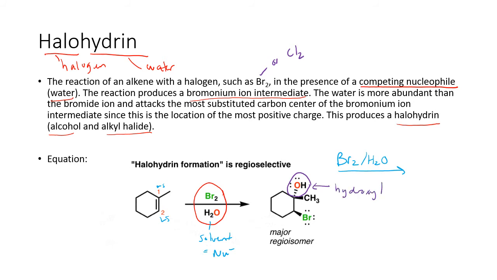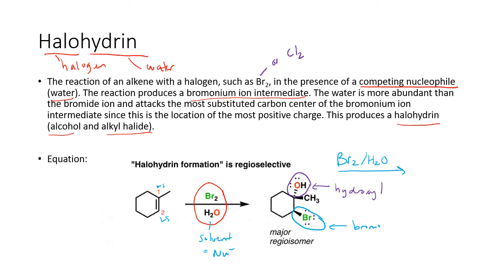And on the other side, we ended up with our halogen. We started with Br2, so we added a bromo group. And the bromo group ended up on the least substituted side. And that's a result of this reaction still going through that bromonium ion intermediate. Also notice, did we have anti-addition or did we have syn addition?